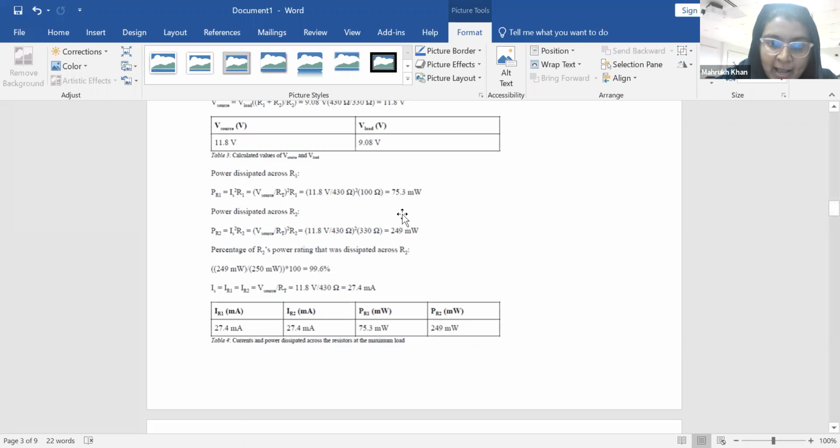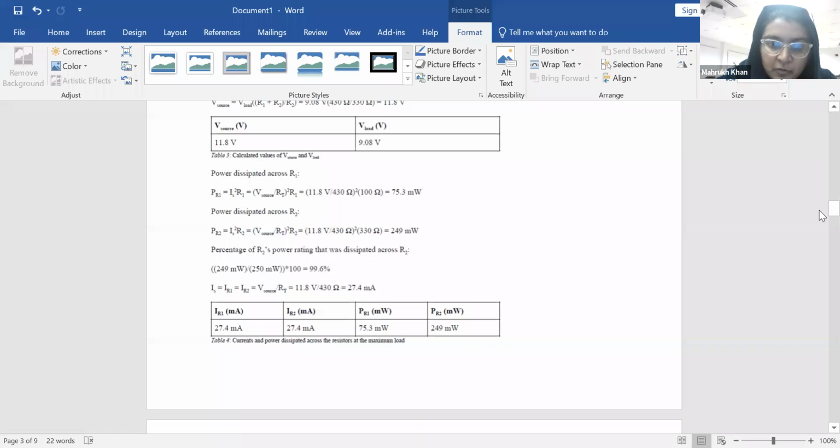So that's why you are getting almost 100% dissipation at R2. If you applied 11.8 volts, that gives you the maximum voltage across R2, and you will get 100% dissipation here, okay?